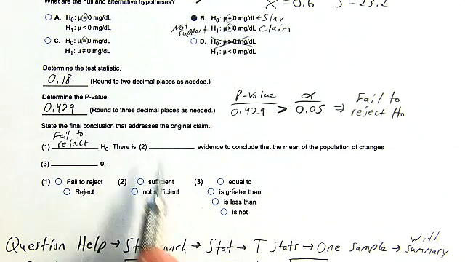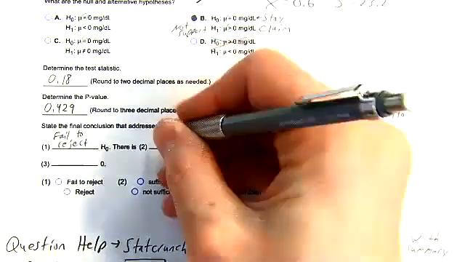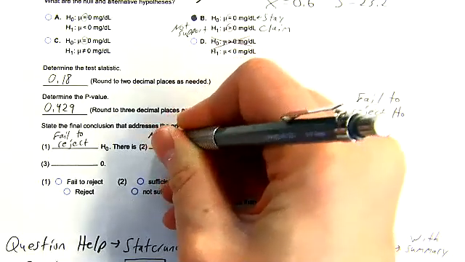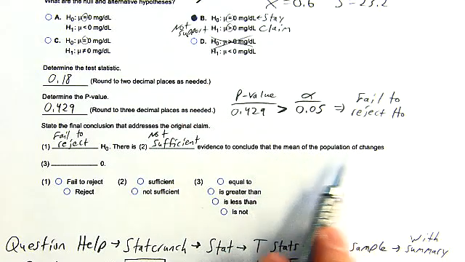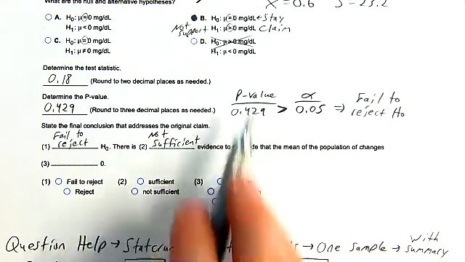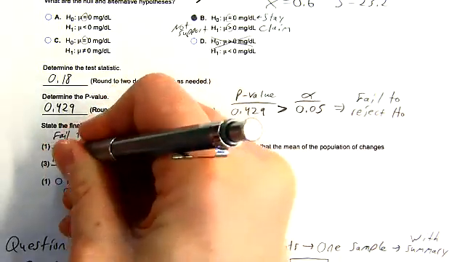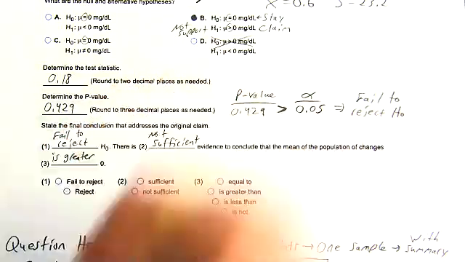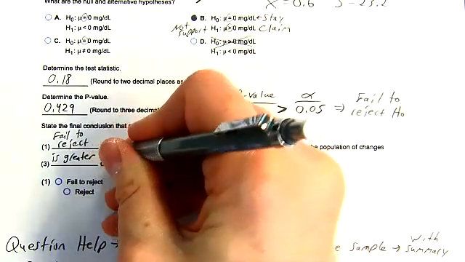So we would say there is not sufficient evidence to conclude that the mean of the population of changes is greater than 0. So their claim is that it's greater than, but we are not supporting that.